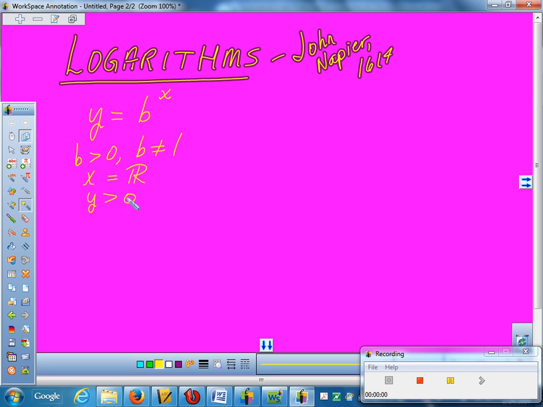Okay. What Napier decided to do is he wanted to reverse this thing. With exponential functions, the numbers get really huge, goes up really fast. So he decided he wanted to find the inverse of an exponential function.